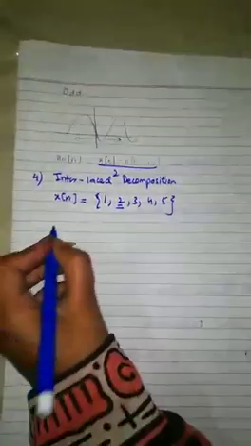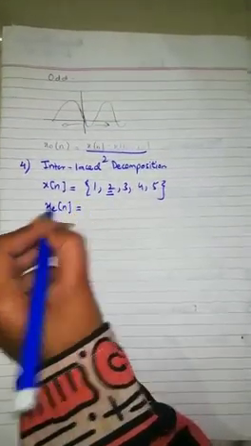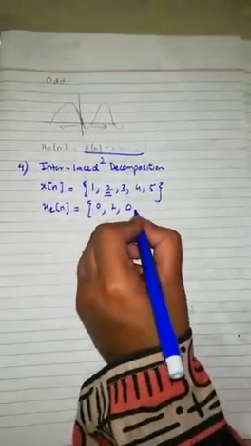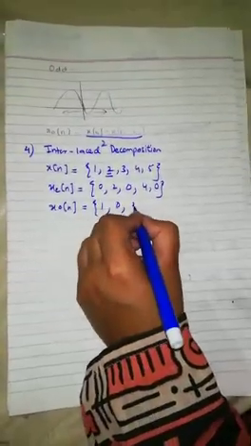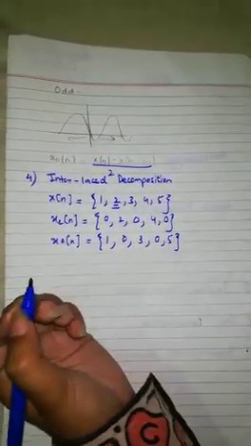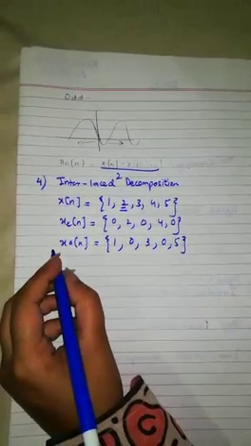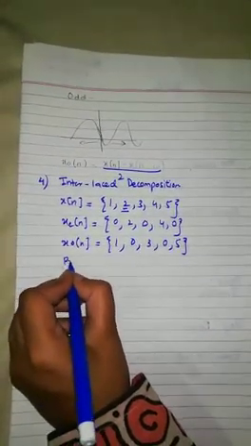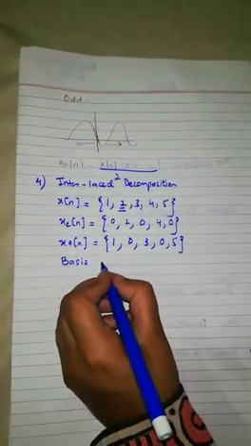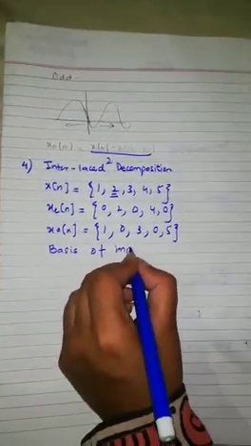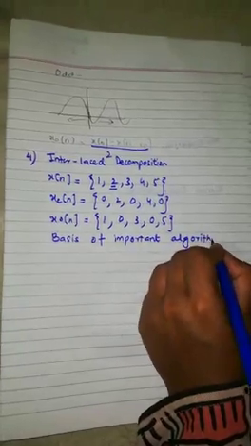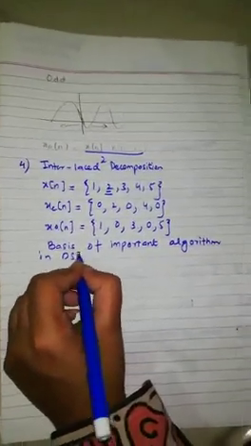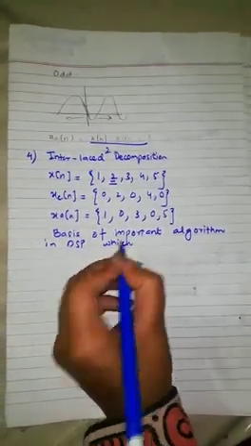So the even signal index will be 1, 0, 3, 0, 5 and the odd signal index will be 0, 2, 0, 4, 0. And the advantage of the interlaced decomposition is that it is the basis of a very important algorithm in DSP, which is FFT, fast Fourier transform.